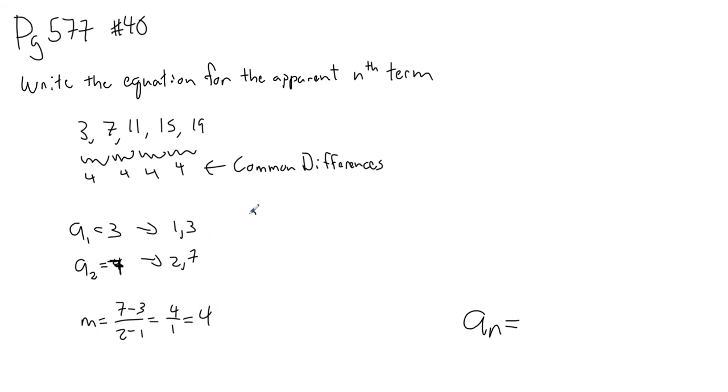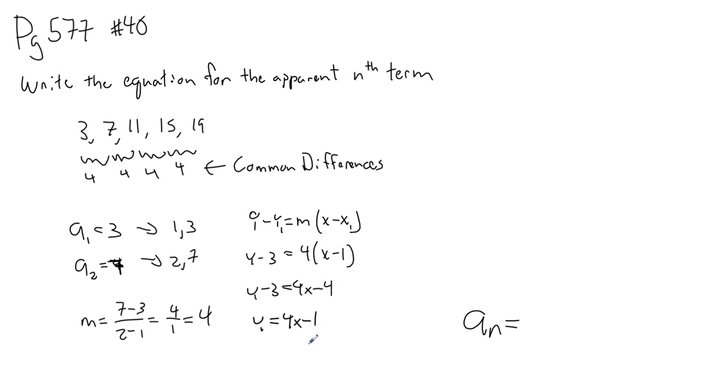And then if I go y minus y1 equals m times x minus x1, and we haven't seen this in a while, so I'm writing it out, that's the point-slope form. And so we'll just put in a point that we know. So y minus 3 equals the slope 4 times x minus 1. y minus 3 equals 4x minus 4, and then y would equal 4x minus 1.